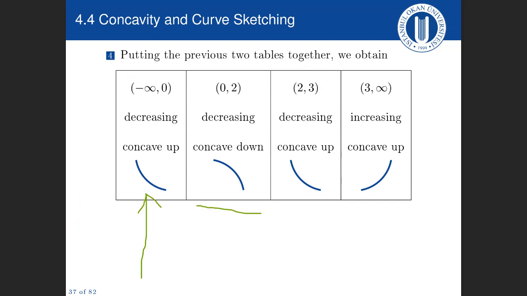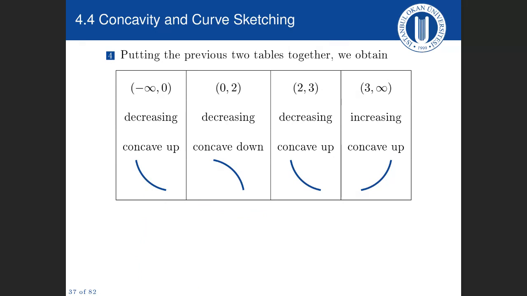Between 0 and 2, the function was decreasing and concave down. Decreasing and concave down looks something like this. Between 2 and 3, the function was decreasing and concave up. That looks something like this.